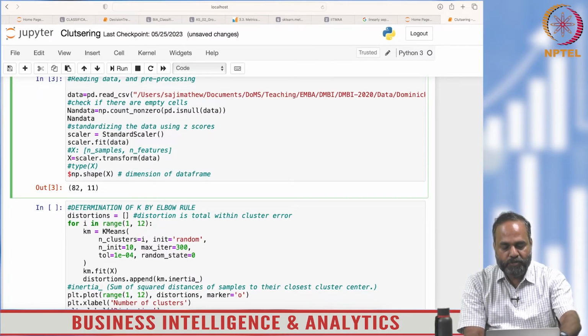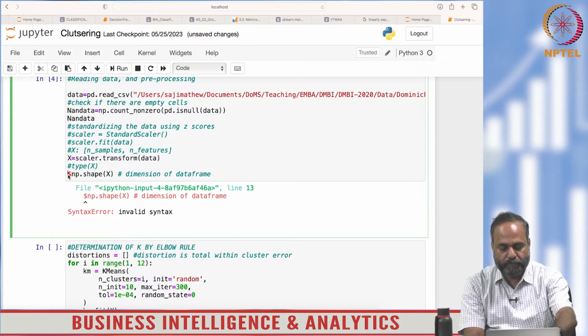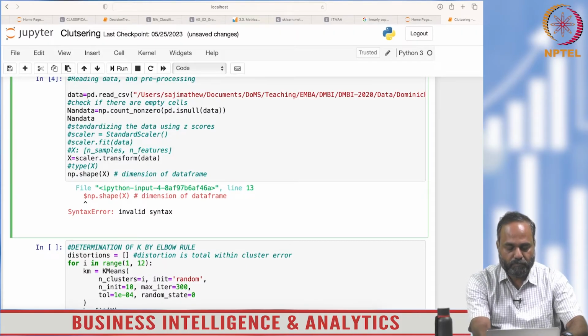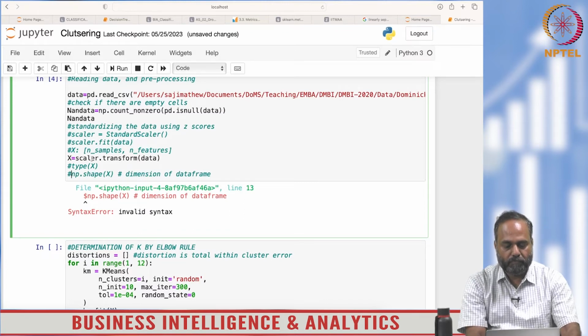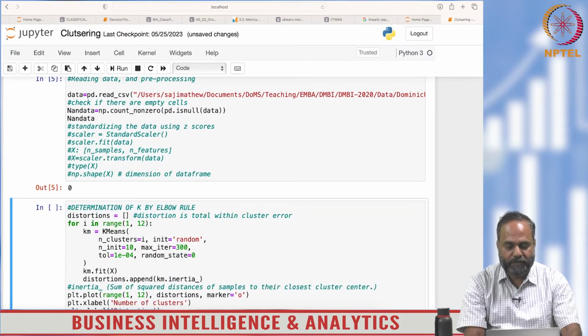I just want to check whether it has missing data.